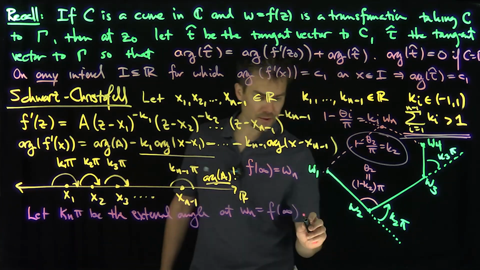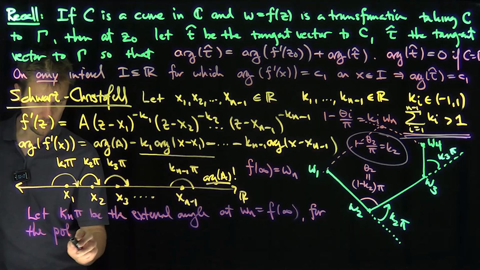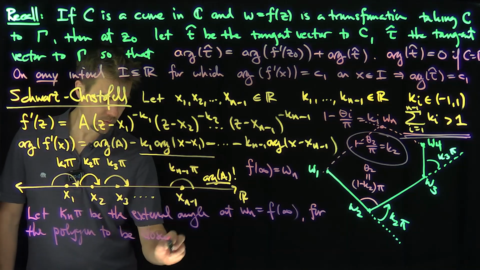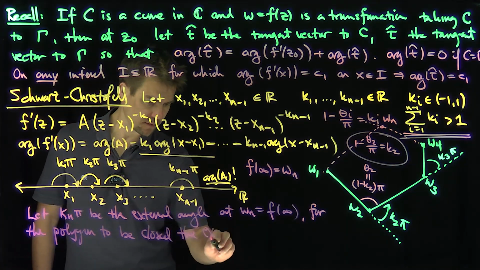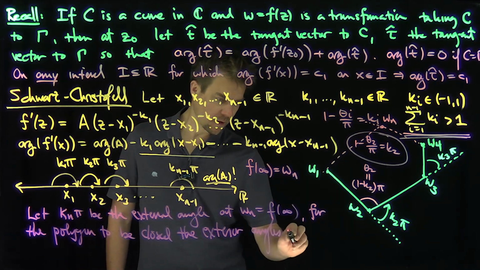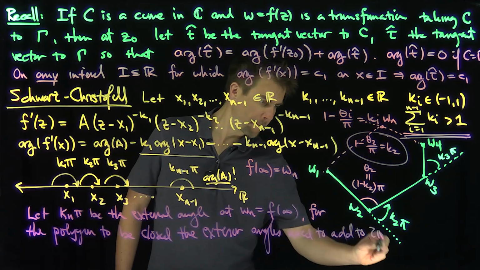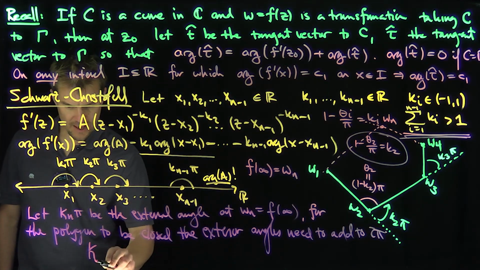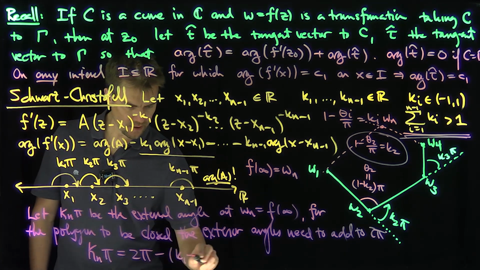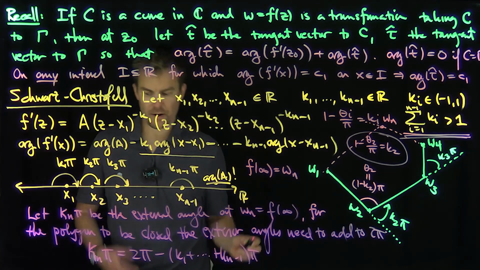Then for the polygon to be closed, the exterior angles need to sum to 2 pi, right? In other words, k_n pi has to be 2 pi minus (k1 plus ... plus k_{n-1}) times pi. And therefore, what's our conclusion?